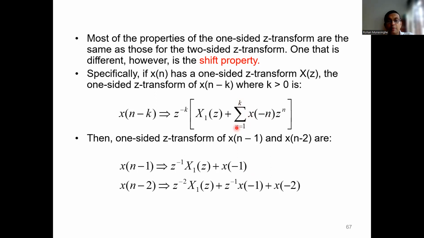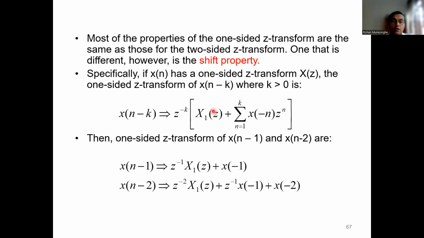So the summation from n equals 1 to k means 1 to 1. Only one sample, and it is 1. When you put it over here, it will be minus 1, and z to the 1. So this z to the 1 over here, and this minus 1 and this plus 1 cancel out. Therefore, there's no z over here. It's just x of minus 1.